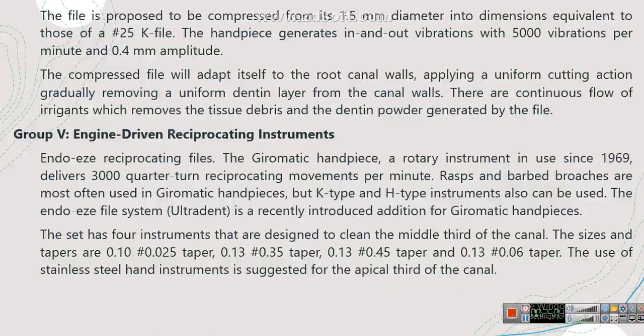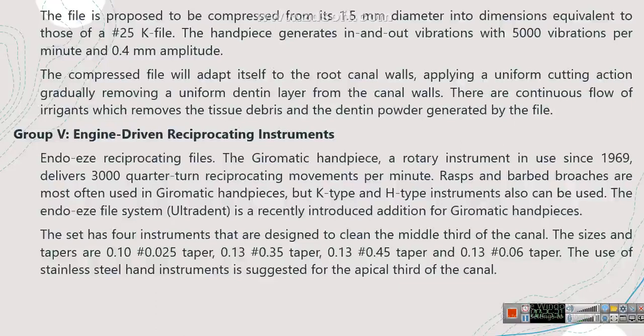The handpiece generates in-and-out vibrations at 5000 vibrations per minute with 0.4 millimeter amplitude. The compressed file will adapt itself to the root canal walls, applying a uniform cutting action, gradually removing a uniform dentin layer from the canal walls.